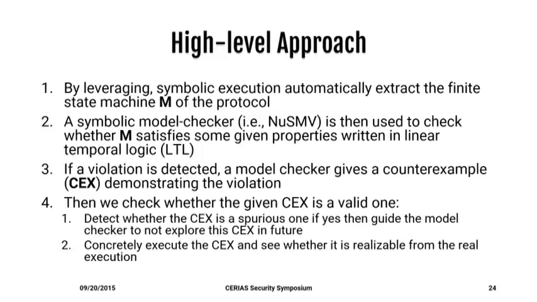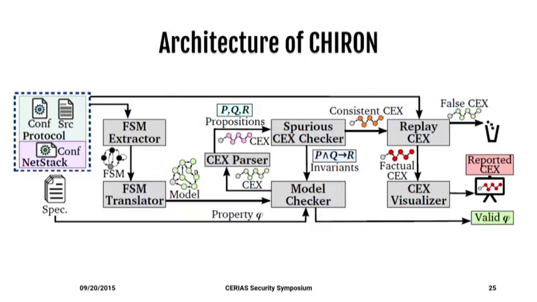Okay. So let's see the architecture a little better. On the left-hand side, it takes the source of the protocol and two configuration files. One configuration is protocol specific, which the developer needs to give. The other is the network stack it's running on. It's fed into the finite state machine extractor, which outputs an abstract finite state machine.